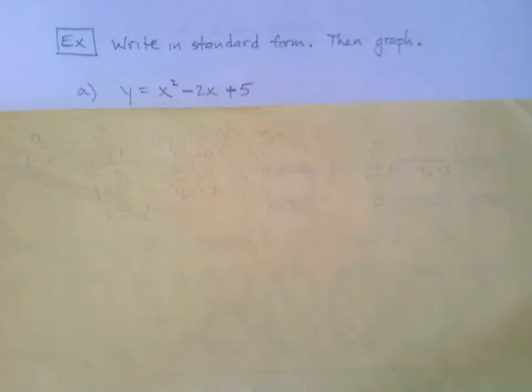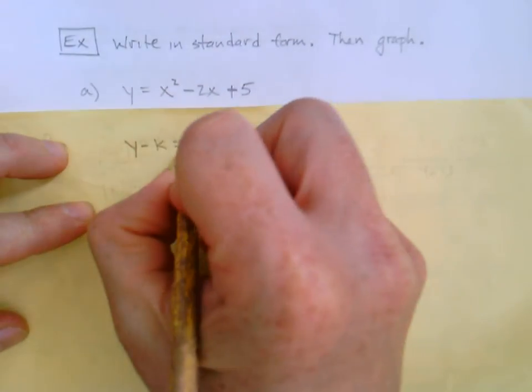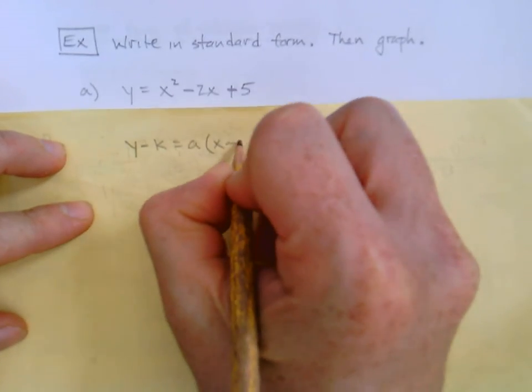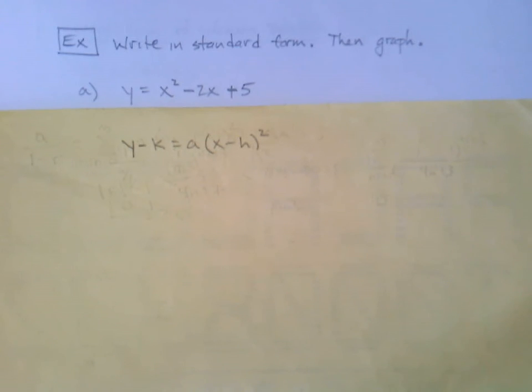Okay, part A, y equals x squared minus 2x plus 5. So our goal is to put this into the standard form like so.